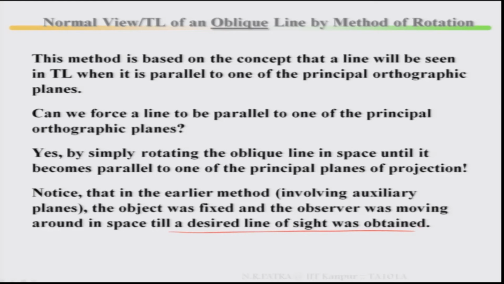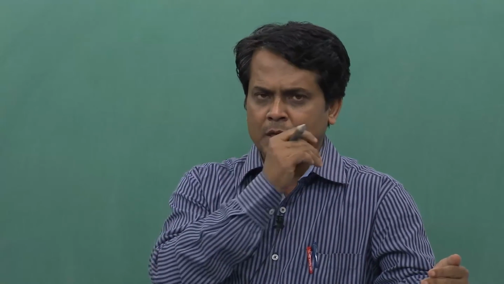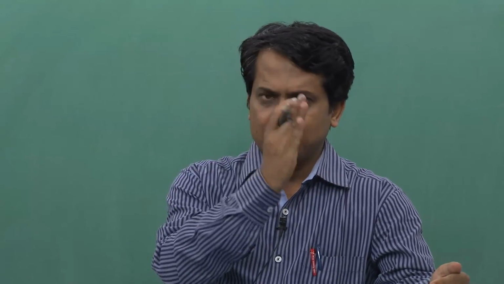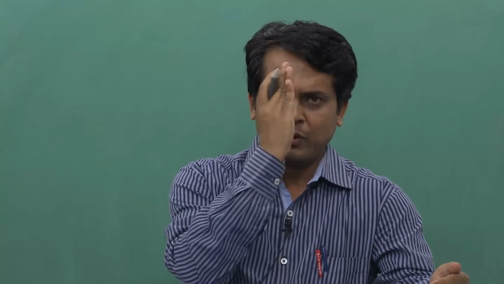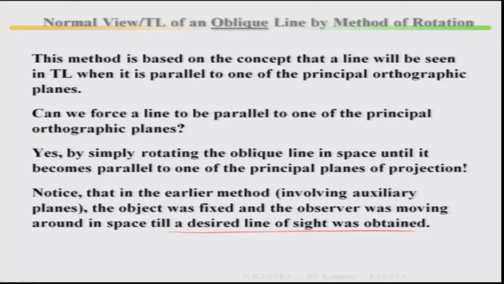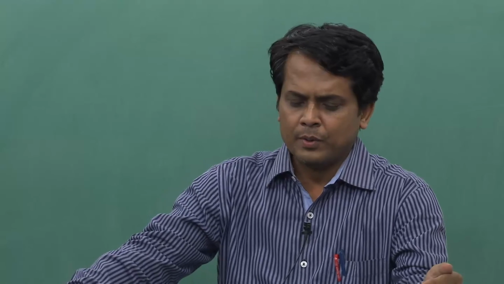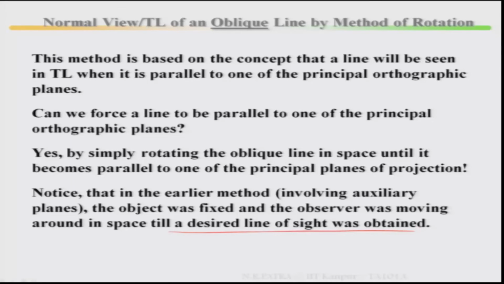By means of the auxiliary plane method, what is the difference? The object is fixed and the observer moves around in space so that he gets a line of sight perpendicular to the line, so that he gets a true length. But in this case, the oblique line is rotated in such a way that it becomes parallel to one of your principal planes, so that you can get the true length of the line.